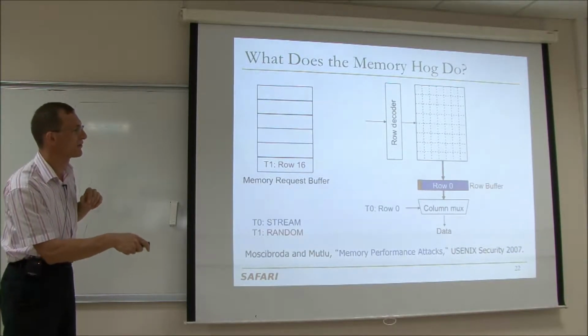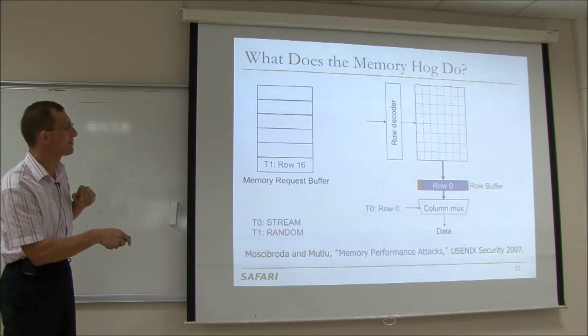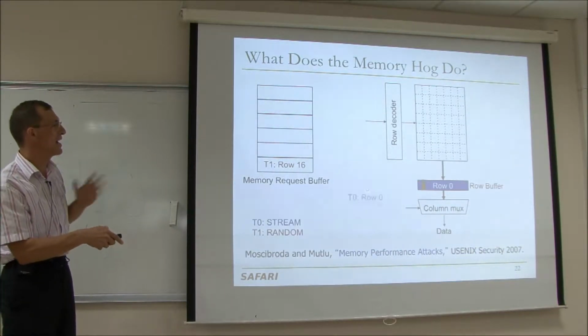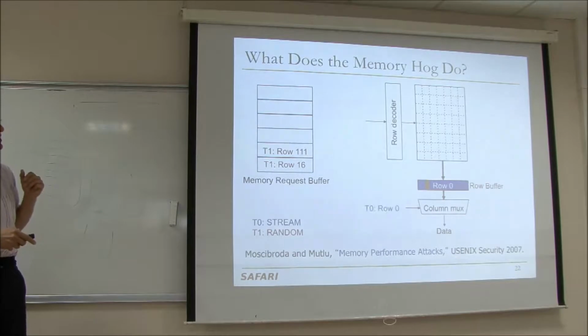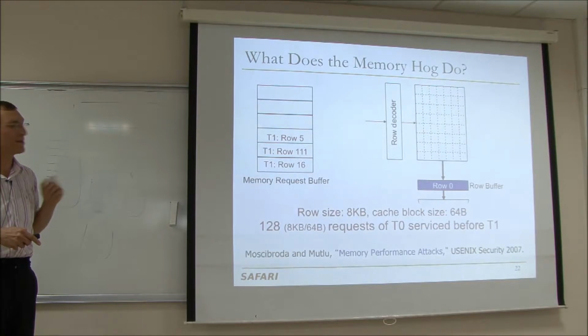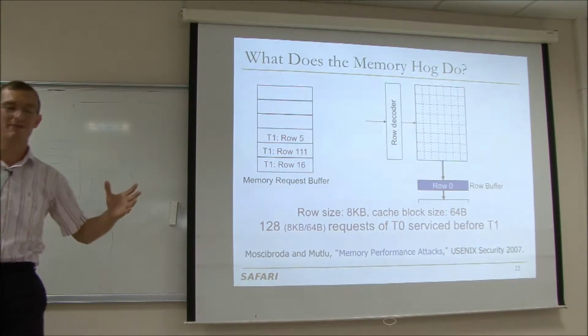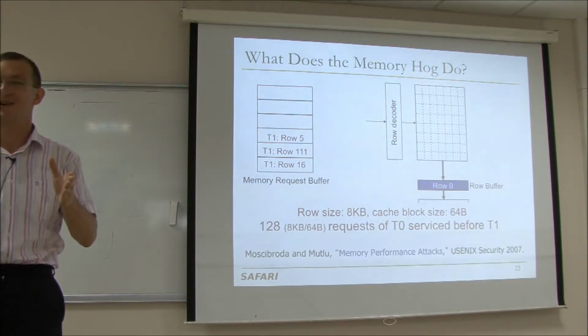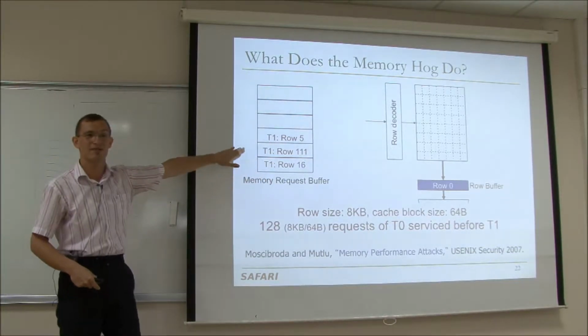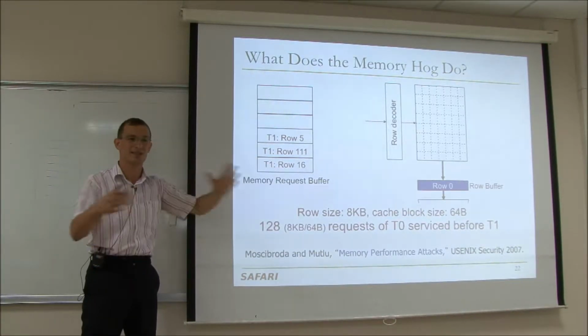Because the access to the row buffer is much faster, the memory controller prioritizes the requests that hit in the row buffer. As a result, the memory controller keeps prioritizing T0's requests over and over and over until thread 0 stops generating requests to row 0. Or maybe some memory controllers today actually have a hard limit saying that if I haven't serviced a request for maybe 10,000 cycles, I will service it.